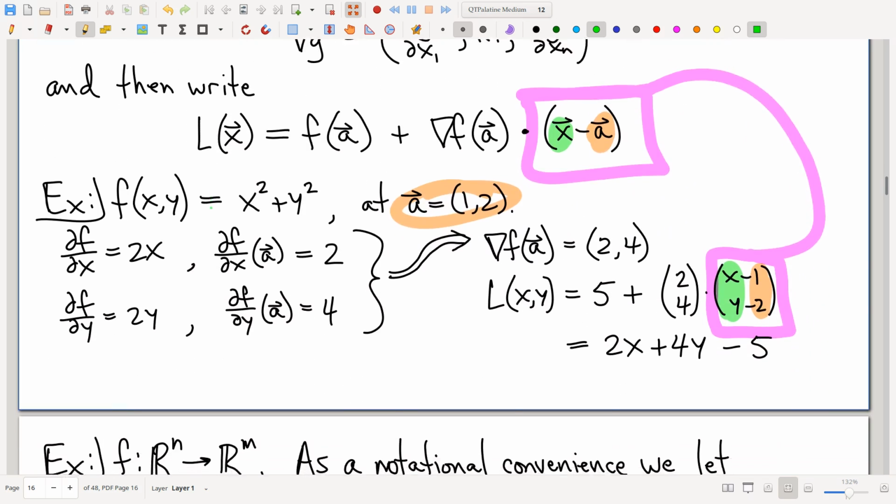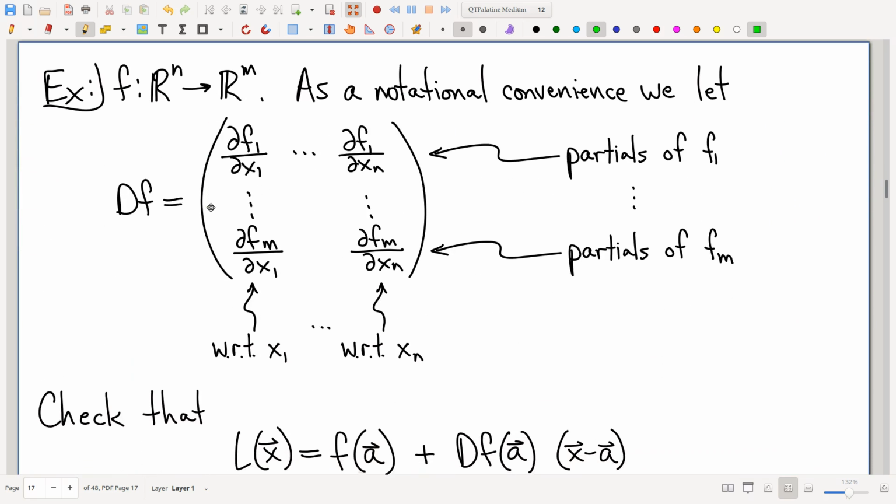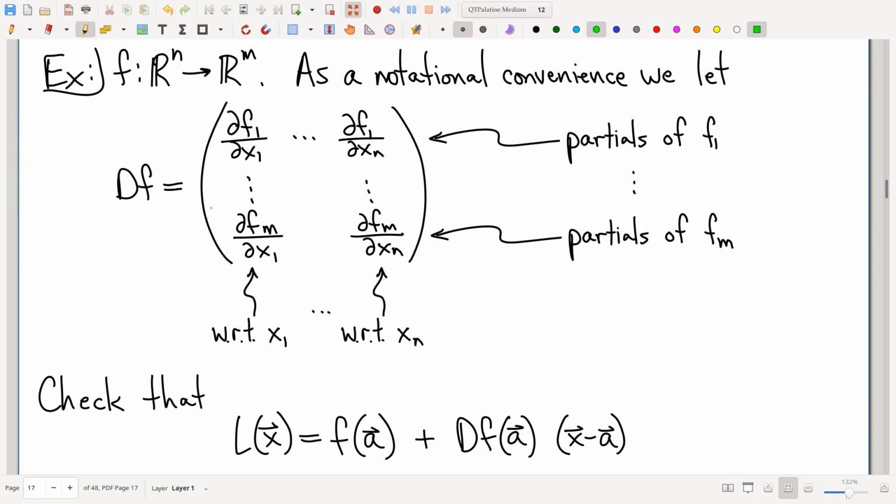Now let's consider the full-on problem of how you do it for not just multivariable, but in fact vector valued multivariable functions, the most general case that we're going to consider. And I'm going to go straight to the notational convenience, because there's too much to write down otherwise to suit my purposes.